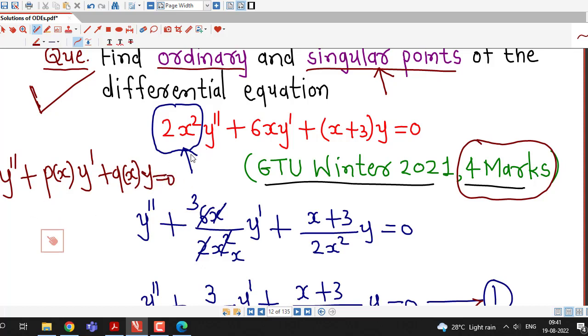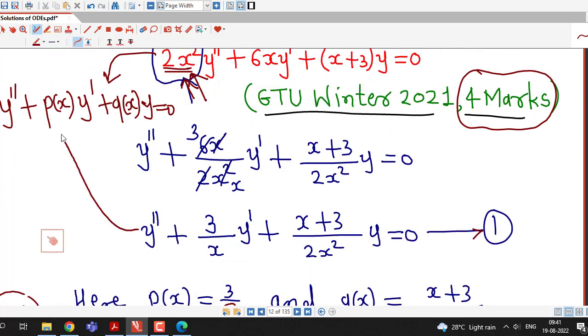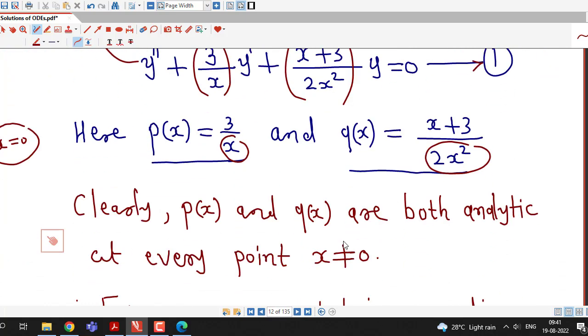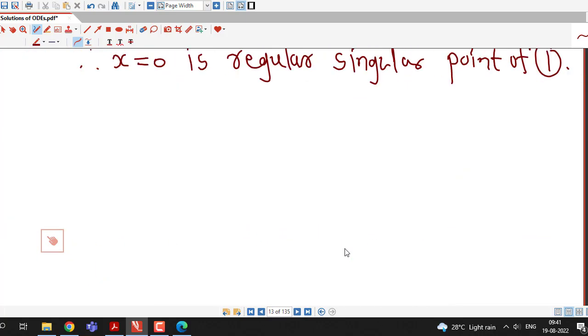So if your differential equation has a coefficient of y″ different from 1, then first write your differential equation in standard form and then decide p(x) and q(x). Otherwise you will get wrong answers. So I have first divided this equation by 2x², which is the coefficient of y″, and then I compare this equation with the standard form and find p(x) and q(x). After that you have to use the definitions of ordinary and singular point.